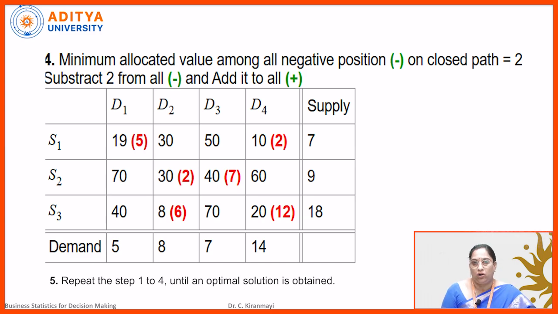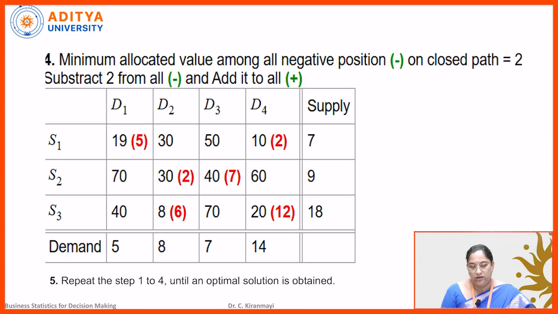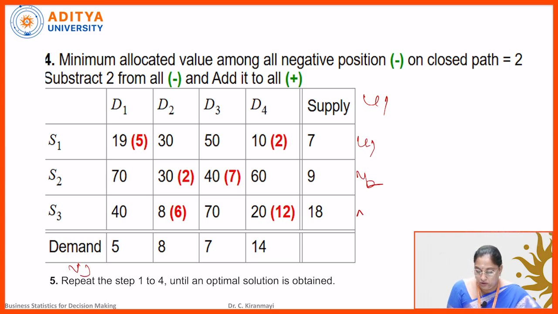Again, just as we computed ui vj values before, likewise again we have to compute ui vj values. These are ui and these are vj: u1, u2, u3, v1, v2, v3, v4. Here all the columns have 2 allocations.